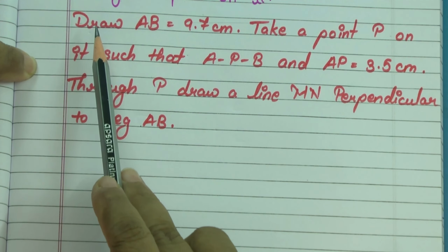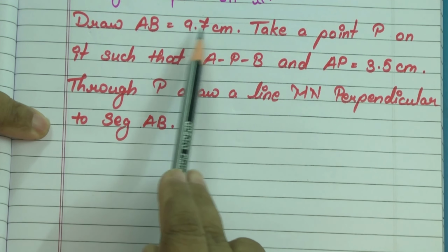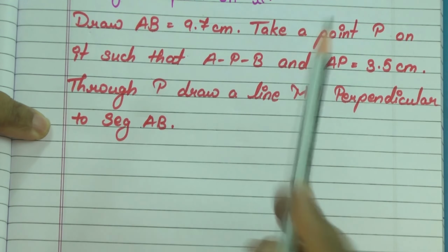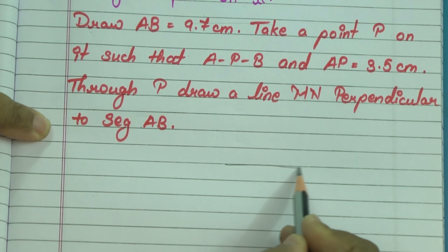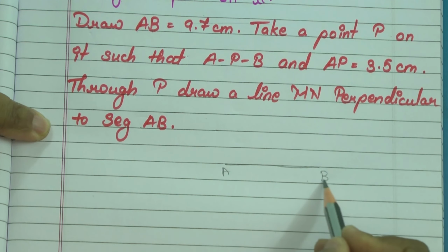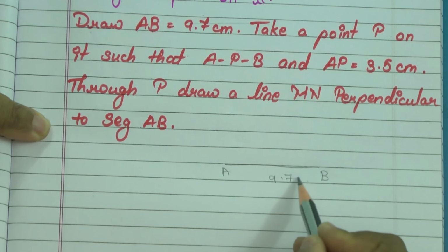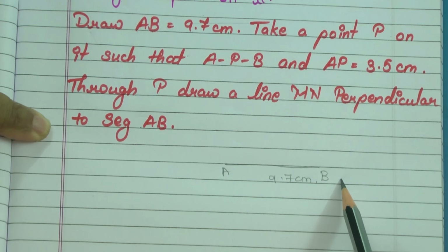For that, we have to draw a line AB, which is of 9.7 centimeter. I'll draw a rough diagram here. 9.7 centimeter line we have to draw, AB, which is 9.7 centimeter. Always have a habit of drawing a rough diagram.